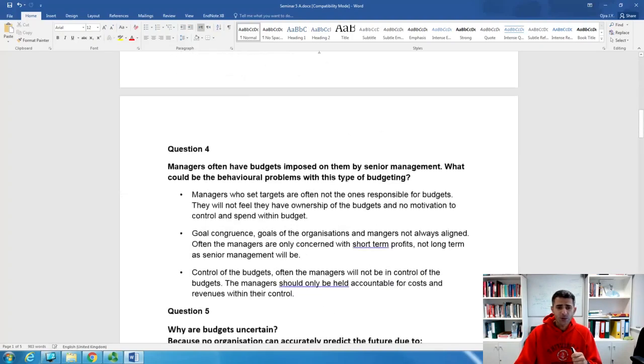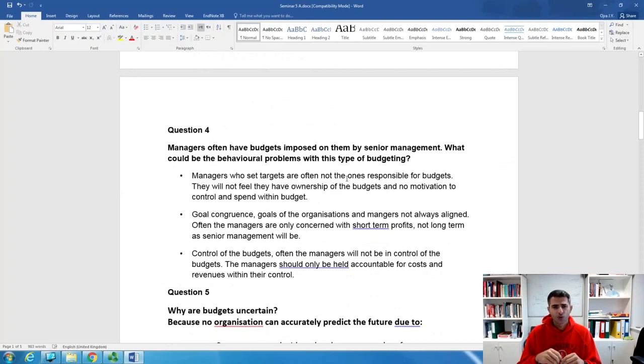Anyway, question number 4 asks: managers often have budgets imposed on them by senior management, so what could be the behavioral problems with this type of budget?